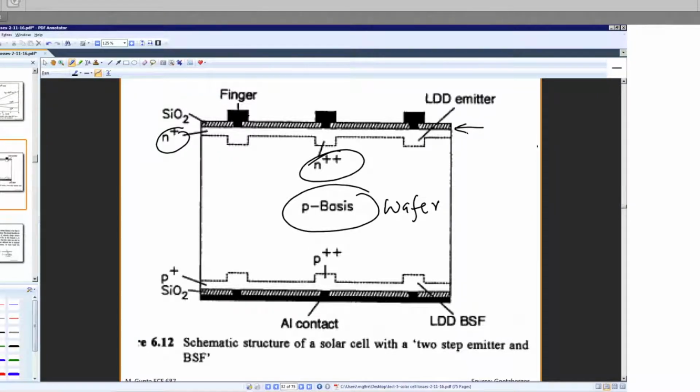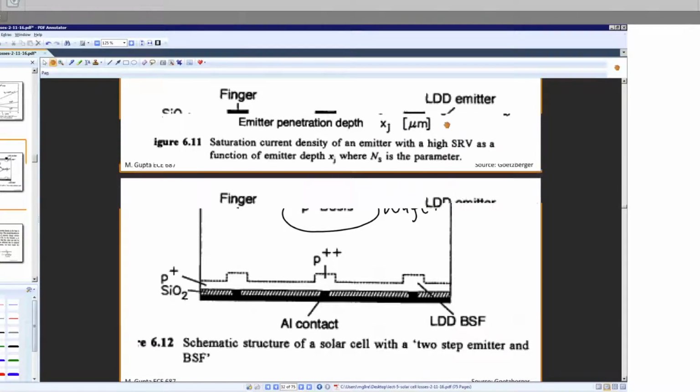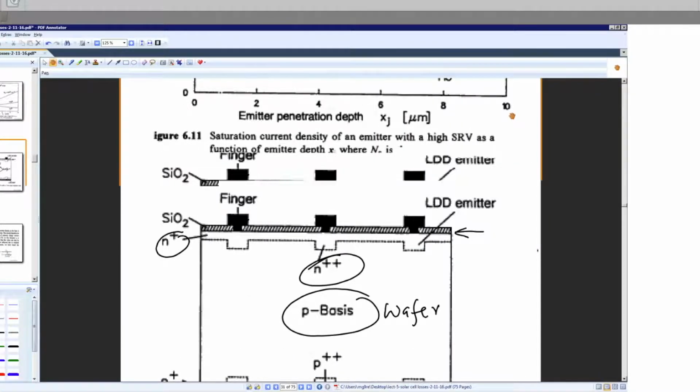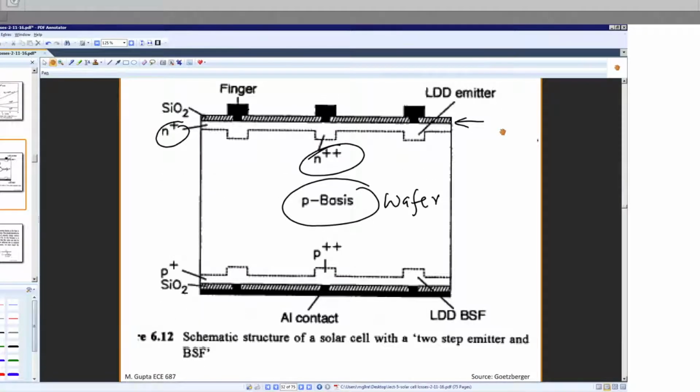So what you do, you take your wafer, you make your junction, and then photolithographically you dope certain regions with a higher level of concentration. And then you open that SiO2 layer, and then deposit metal. So the metal is contacting not SiO2 but your N++ layer. So that is what typically people use sometimes for certain types of solar cells.